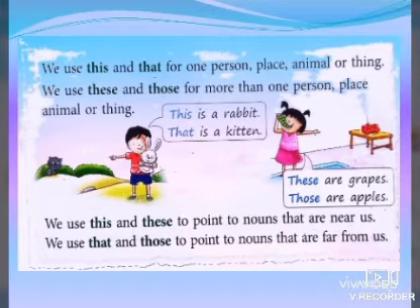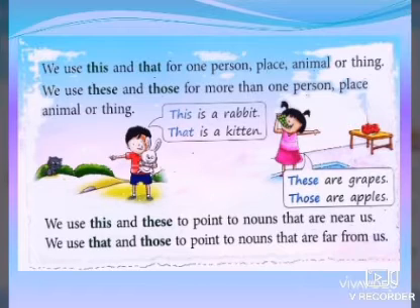Then we use these and those for more than one person, place, animal or thing, which means this and that for singular nouns and these and those for plural nouns.